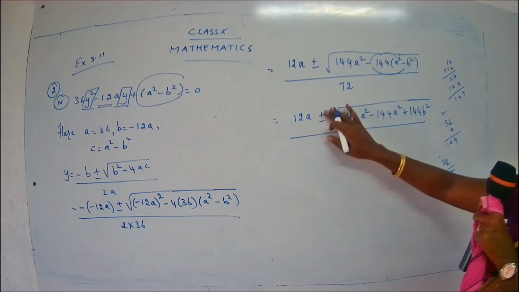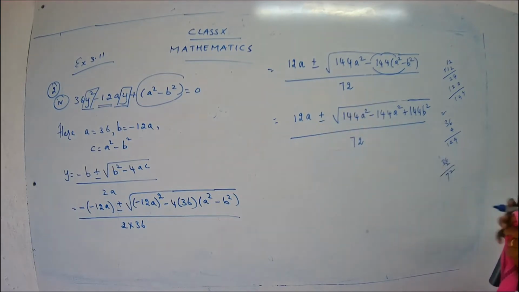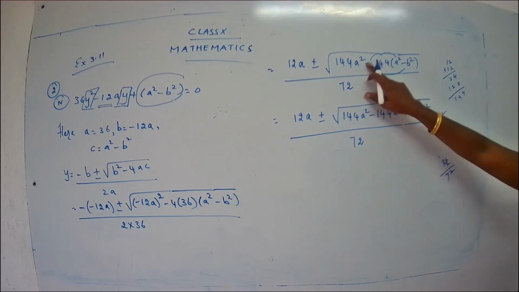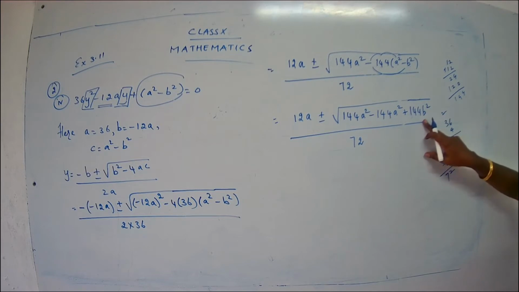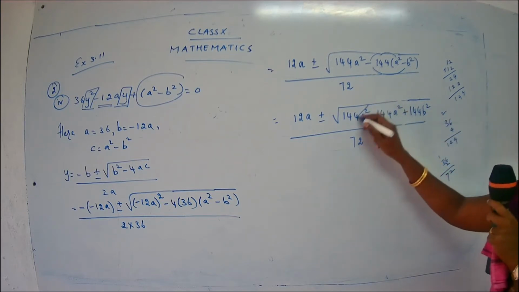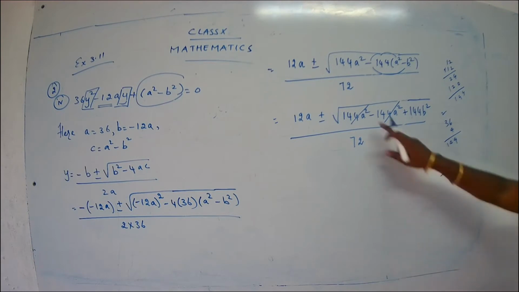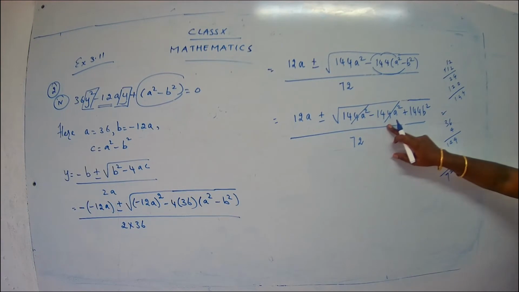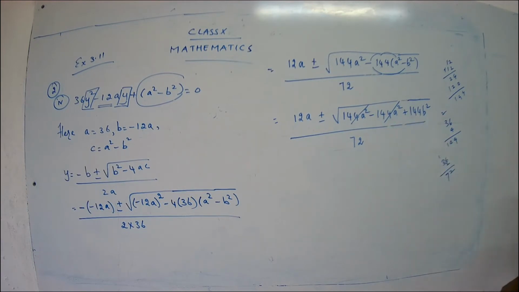So 12a plus minus square root of 144 a square minus, when you open the bracket you get minus 144 into a square is minus 144 a square, minus minus is plus, and 144 into b square is 144 b square. Now see here, the first and the second term get cancelled because they are the same term, 144 a square minus 144 a square. So now what is left here? 144 b square upon 72.